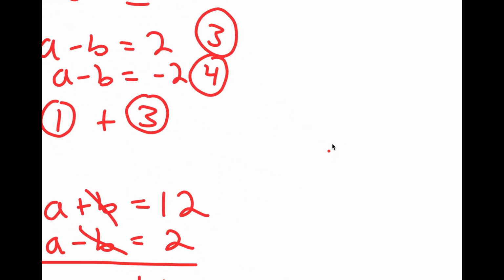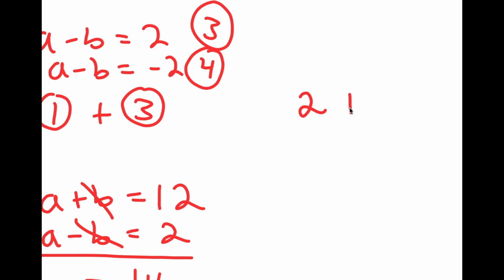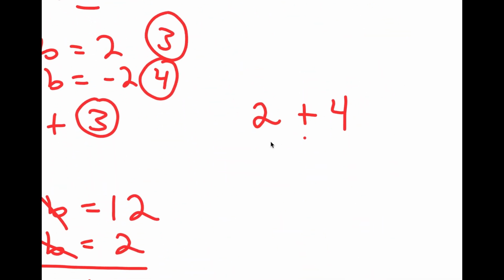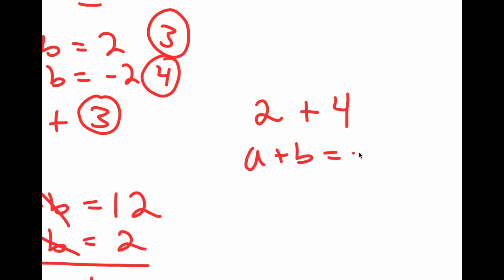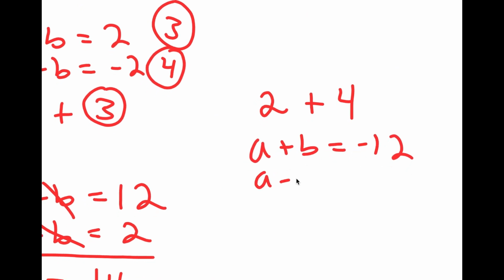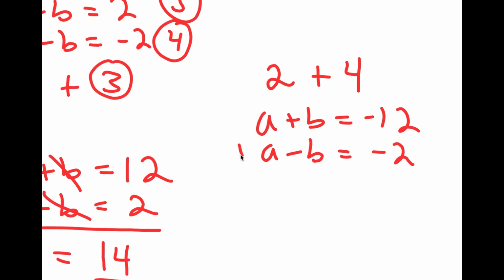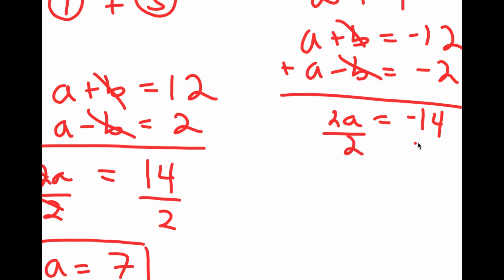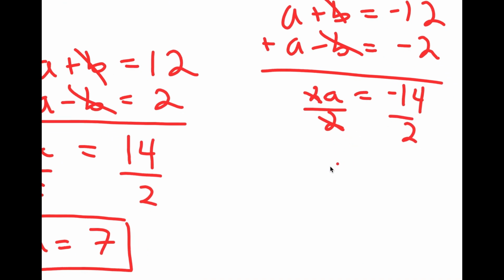So if I add equation 2 with equation 4, I get a plus b is equal to negative 12, and a minus b is equal to negative 2. So then I get 2a is equal to, these two cancel out, negative 12 plus negative 2 is negative 14. And if I divide both sides by 2, I get a is equal to negative 14 over 2, which is negative 7.